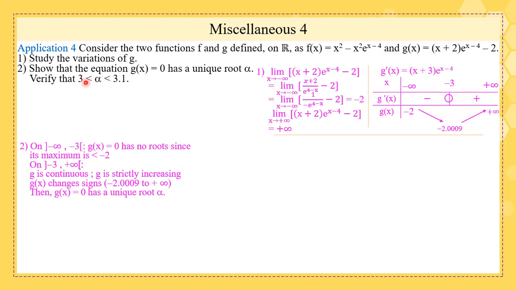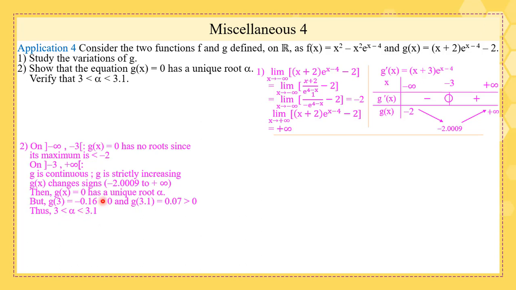Now, how do we verify that alpha falls between 3 and 3.1? We have to find g of 3, which is negative in this case, and g of 3.1 is positive. How do we find g of 3 and g of 3.1? We replace 3 and 3.1 in the original equation here. So from here we can tell that alpha is between 3 and 3.1.